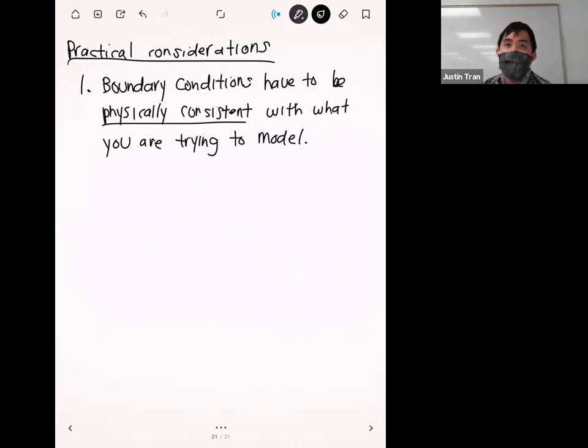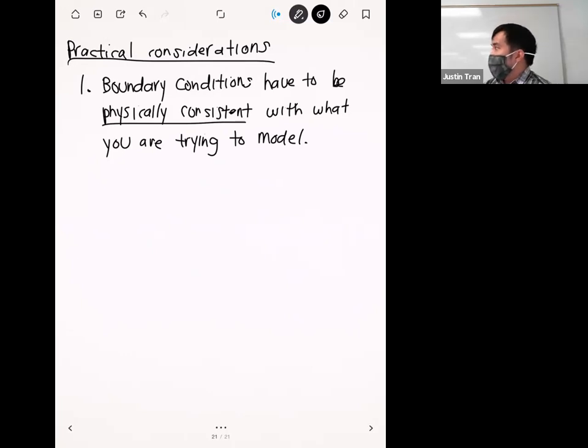Because remember, the reason that we run finite element simulations as engineers is that we want to replicate a real life situation. We have a real life structure or thermal situation, and we want to find out what's going to happen to it when we expose it to certain loads. In order to get an accurate result, your boundary conditions have to be accurate to whatever physical situation you want to model.